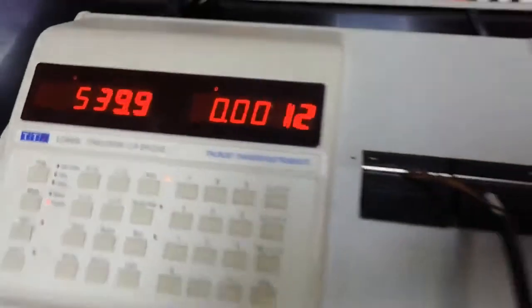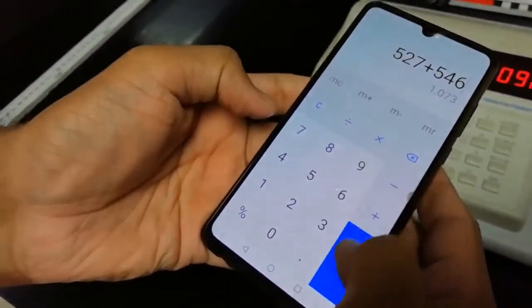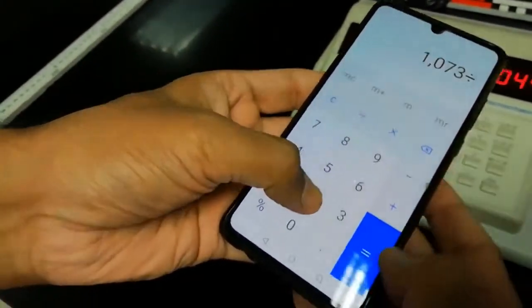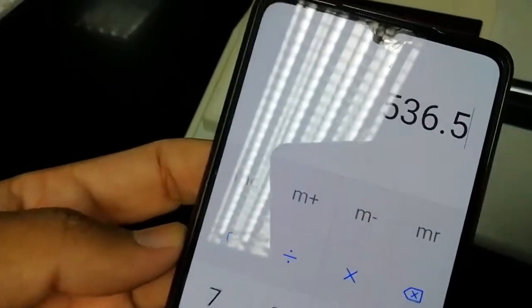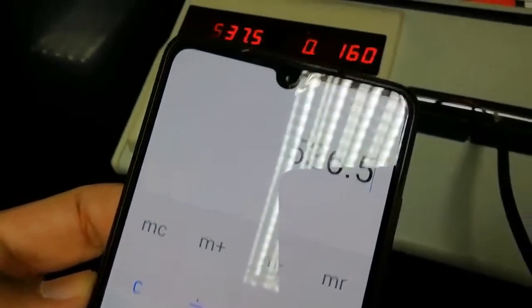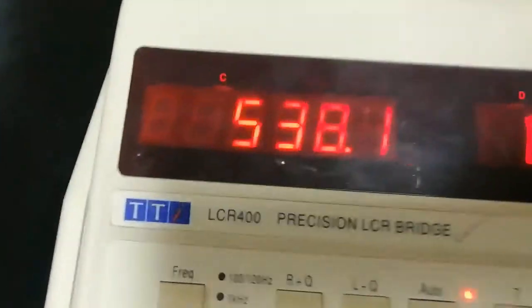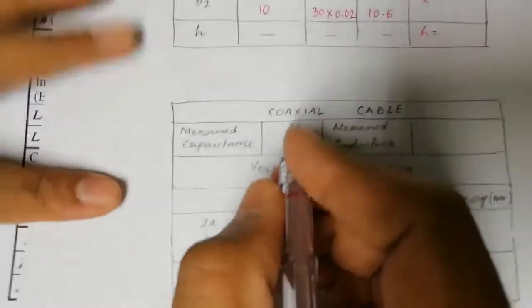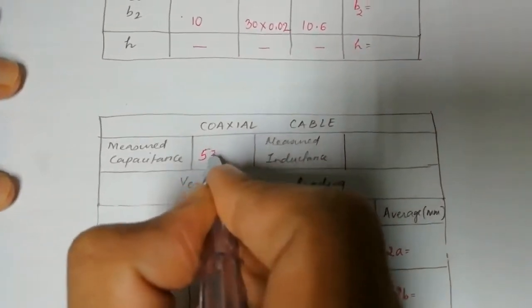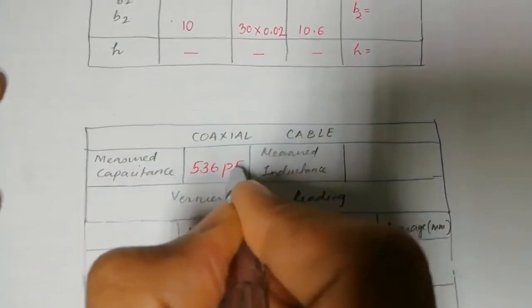So the average will be 527 plus 546, so it will be 536 picofarad. So let me write it down. So it is here, 536 picofarad.